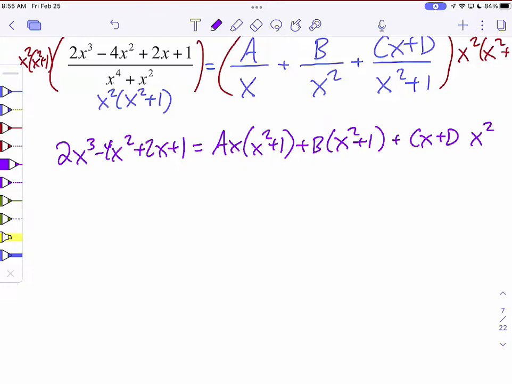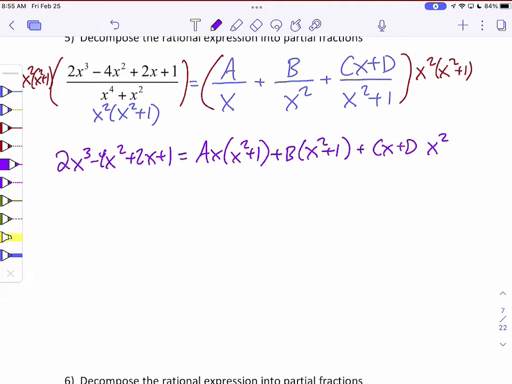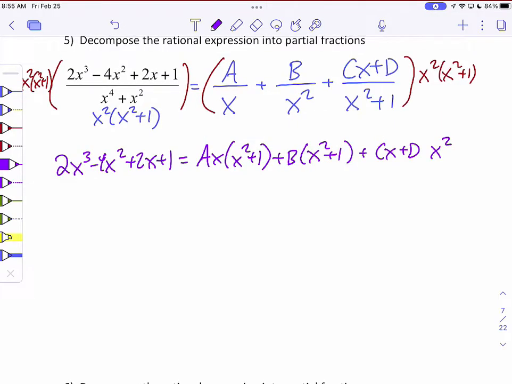Now, I intentionally made a small mistake here. Why don't you go ahead and write out what you think and then see if you can figure out what I did wrong. I know some of you probably already can tell.